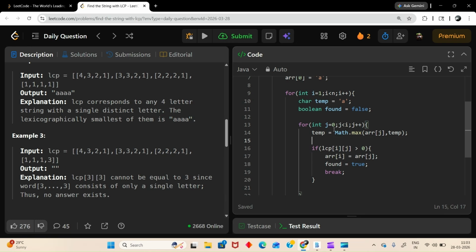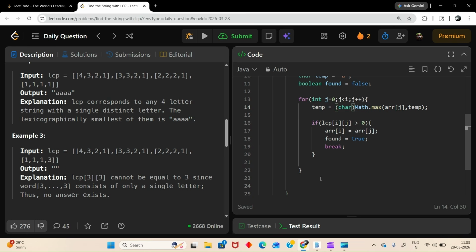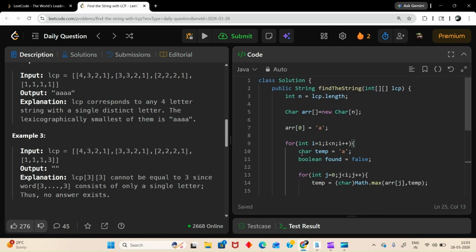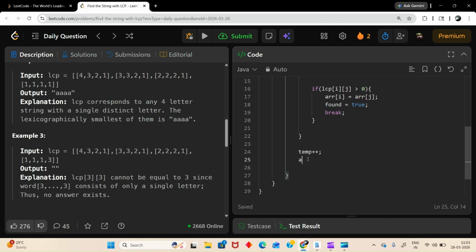Then I'll convert this to char. Then I have the temp, so we'll do temp plus plus, we'll increment this. This is a character, right? So we can increment and then assign ARR of i is equal to temp.